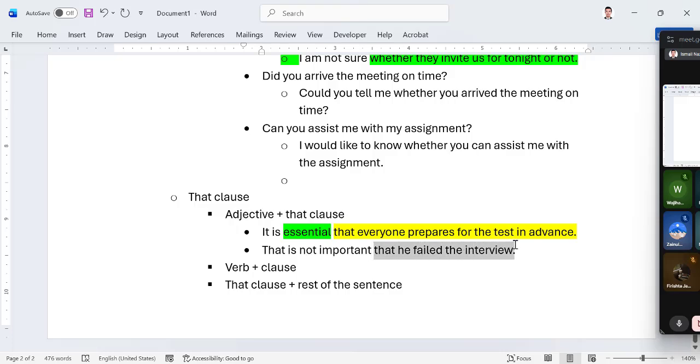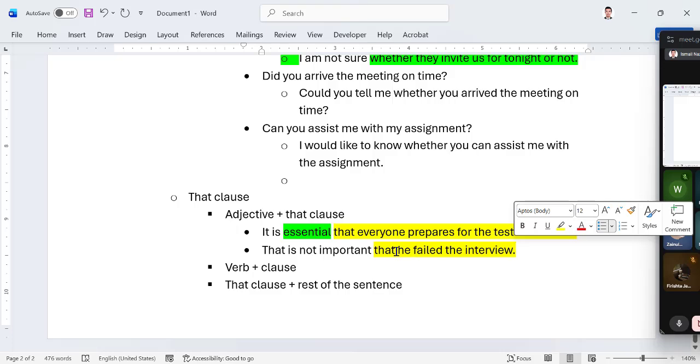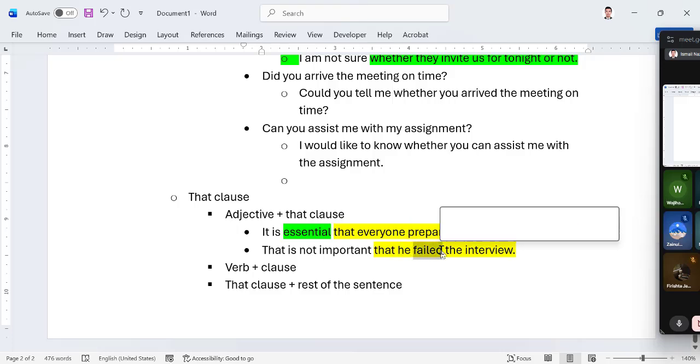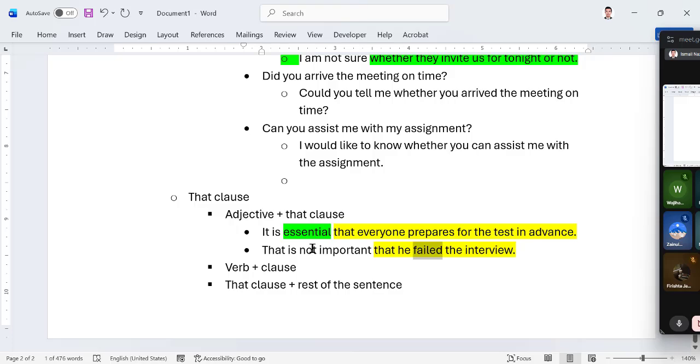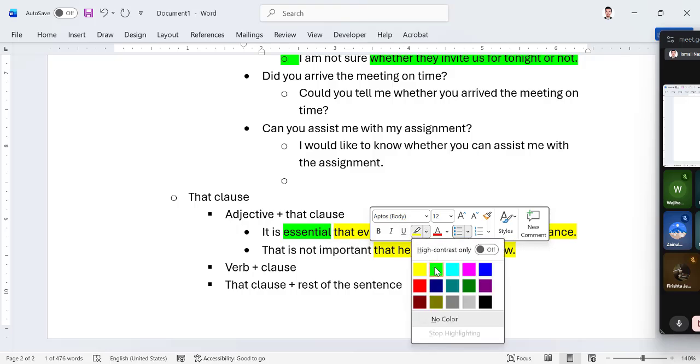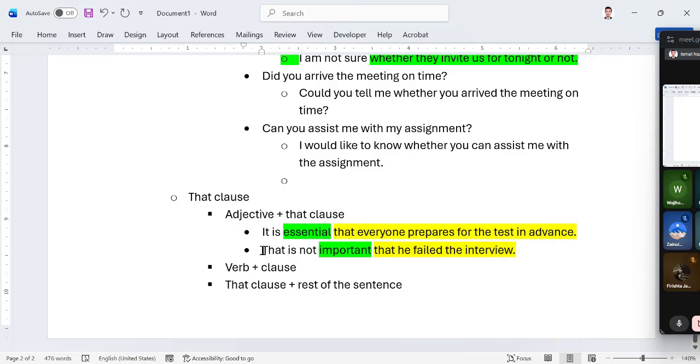That he failed the interview. It is our noun clause. We have the subject of the noun clause and the verb of the noun clause, and it comes after the adjective. So important is the adjective here. It works as the complement for it is not important, our main clause.